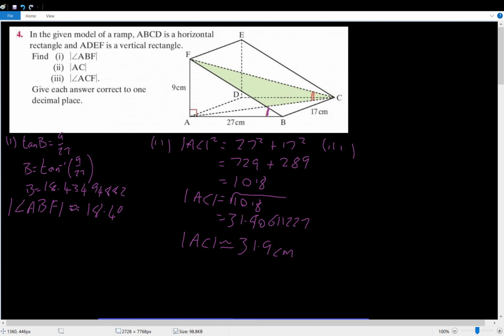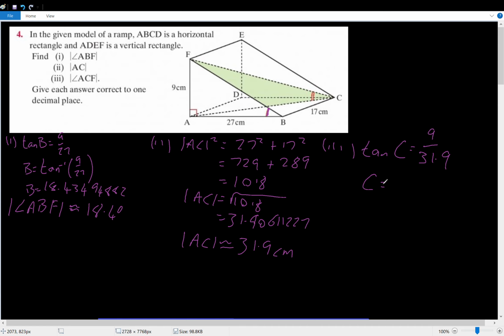So what we can say is that the tan, and we'll call the angle C just for the sake of this, the tan of C is equal to opposite over adjacent, which is 9 over 31.9. Now from there, we can get the angle C.